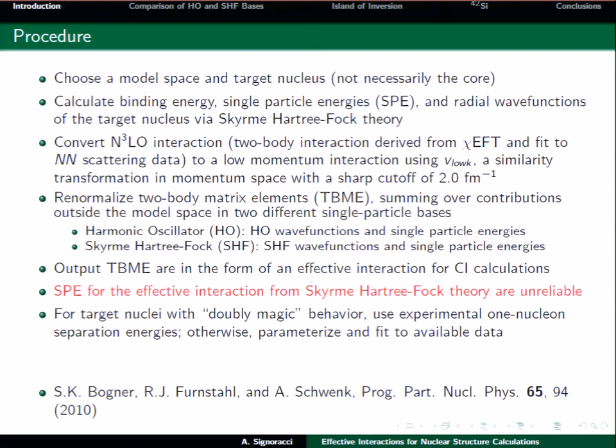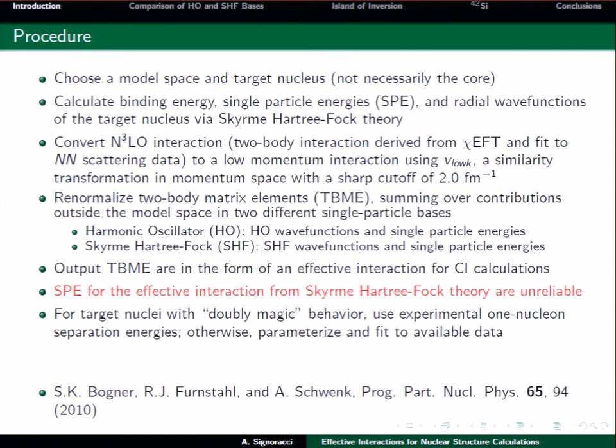And lastly, I'll just mention that an effective interaction is composed of two things: two-body matrix elements and single particle energies. And these single particle energies, which we obtain from a renormalization procedure, are unreliable because the interactions generally used in nuclear physics do not reproduce single particle properties very well.